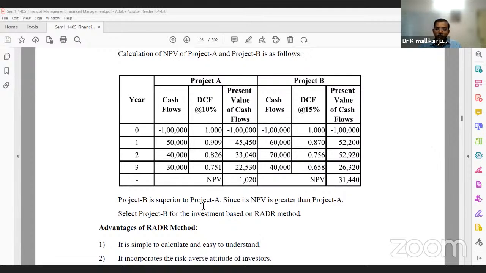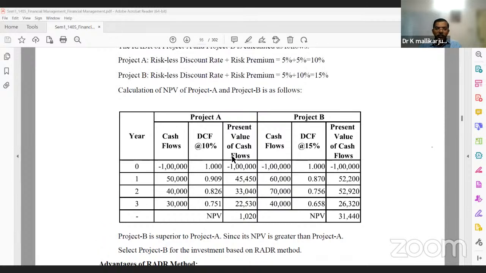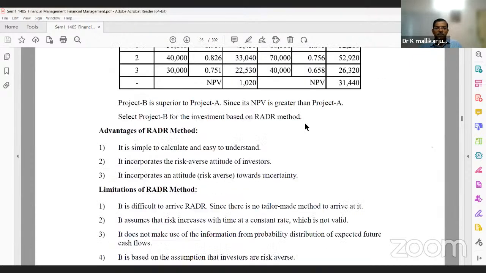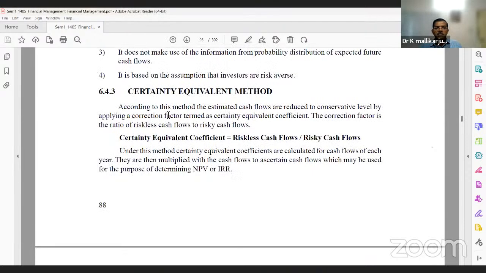So project B is superior to project A, since both are positive but B's value is higher. In the risk adjusted discount rate method, the discount rate is 5% plus the risk premium, so 5%, 10%, and 15%.